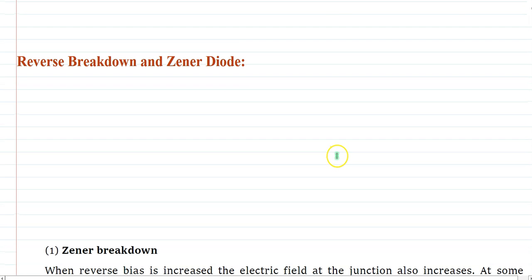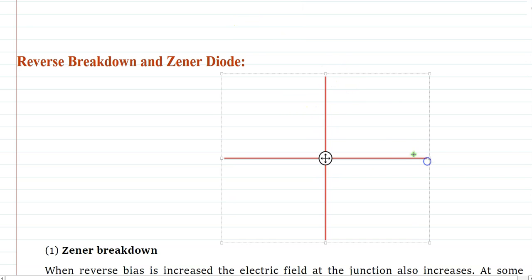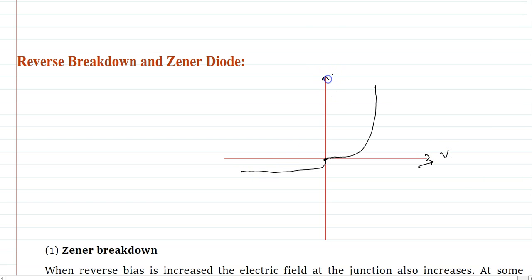Okay. Now reverse breakdown and Zener diode. So we have seen that in a diode, I am drawing again, in forward bias we get a curve like this, and in reverse bias we get V versus I like this. Okay.